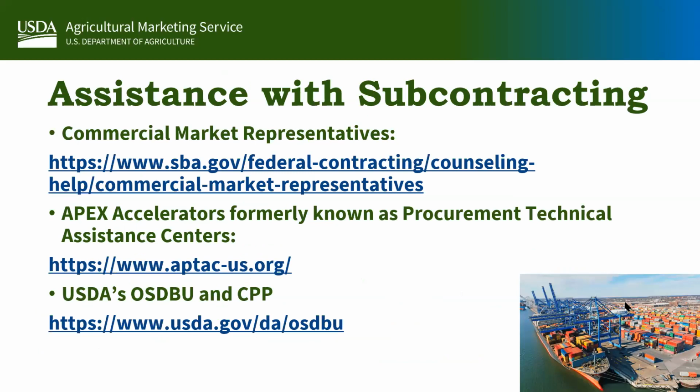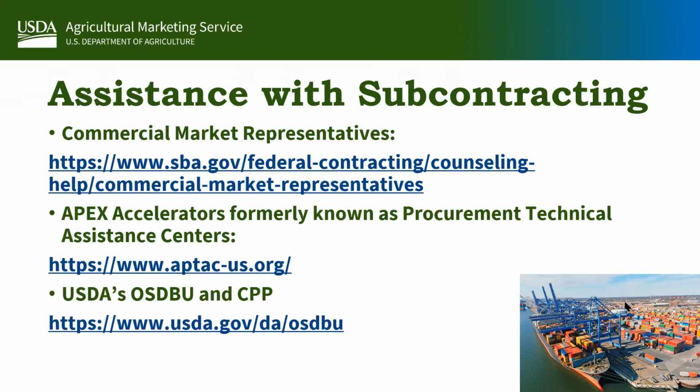So if you need assistance with subcontracting, there are resources available to you. I know we already talked about the commercial market representatives, or CMR. And remember, CMR tends to assist large businesses to help find those socioeconomic programs they struggle with. But another resource, which you may find surprising, is your local Apex Accelerator, formerly known as Procurement Technical Assistance Centers.